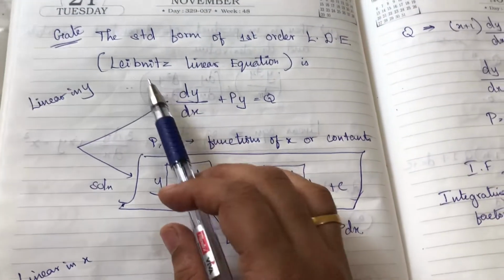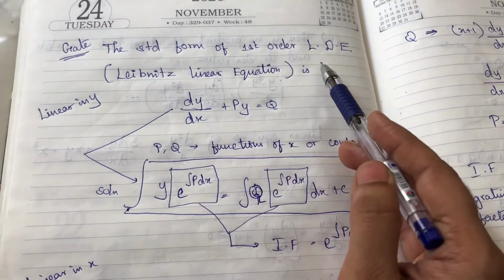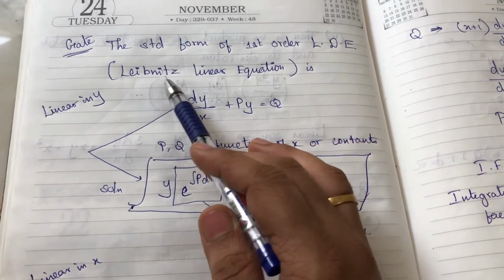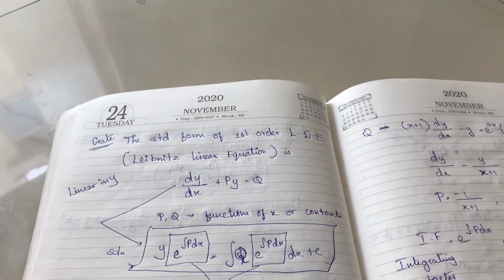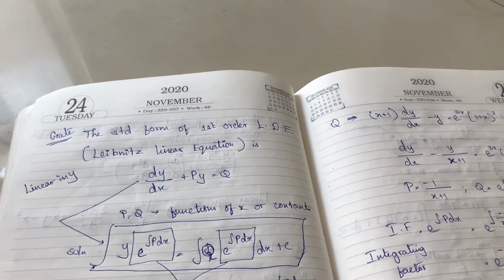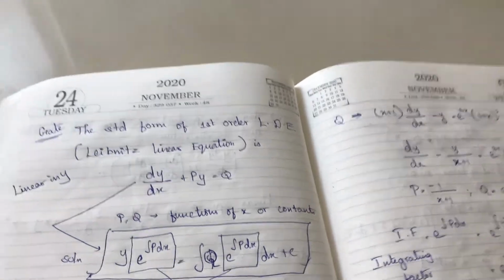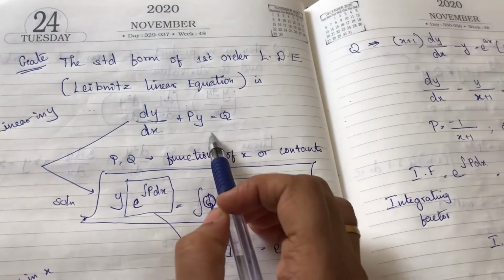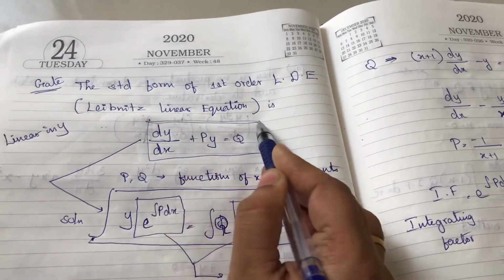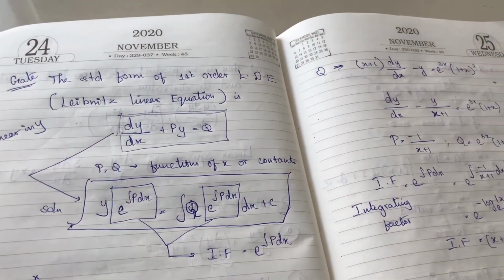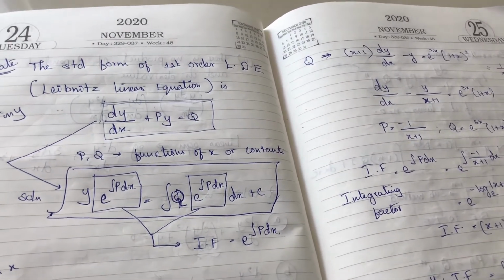Okay, and there comes the next sum. The standard form of a first order linear differential equation is said to be Leibniz's linear equation. So what is the form of this equation? dy by dx plus Py, which is equal to Q. This is the form of the equation.